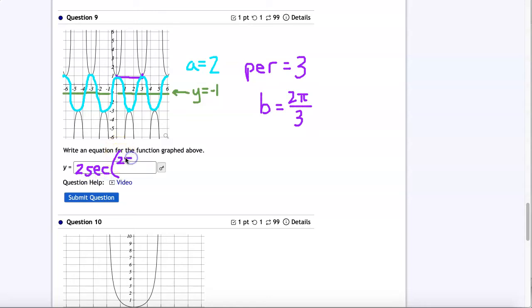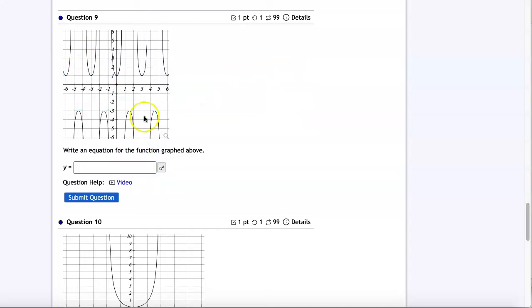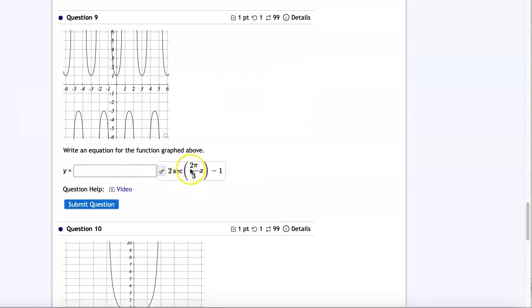I have no horizontal shift, thankfully. And then I have a vertical shift down 1. And now I'm going to check my answer. 2 secant 2 pi thirds x minus 1.